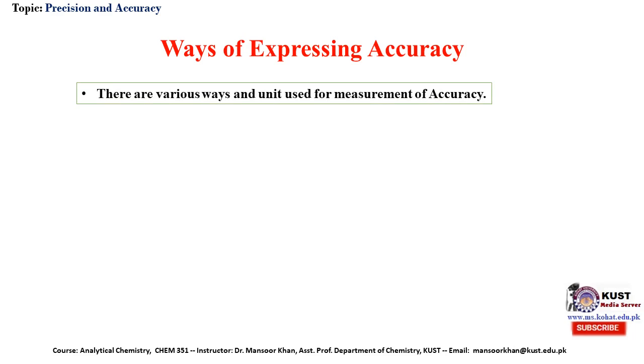So there are various ways and units used for measurement of accuracy. The two important tools which are used for measurement of accuracy are absolute error and relative error. These two parameters are used for measurement, or we can say expression, of accuracy.